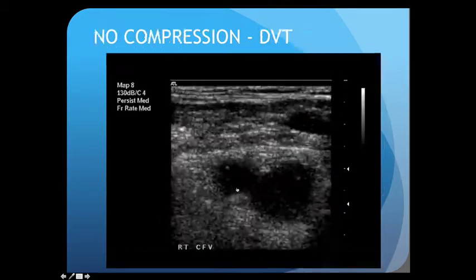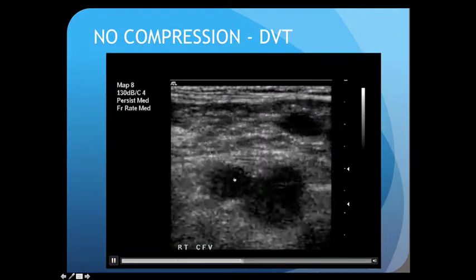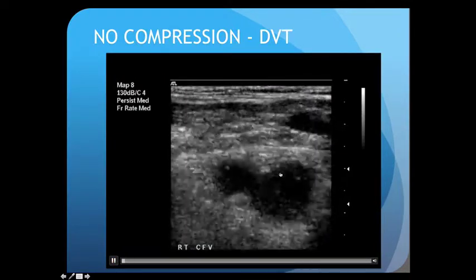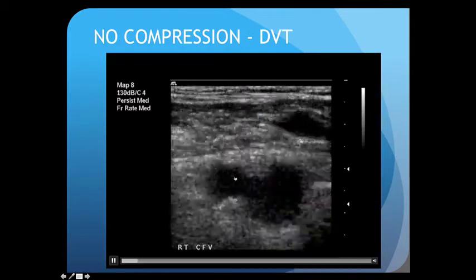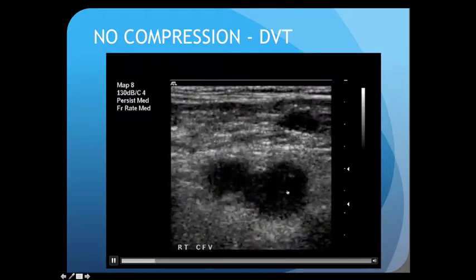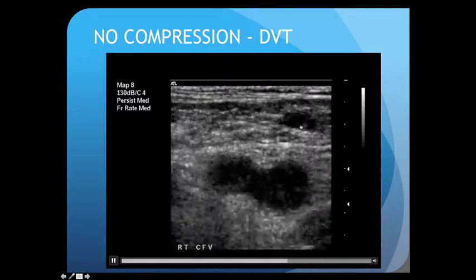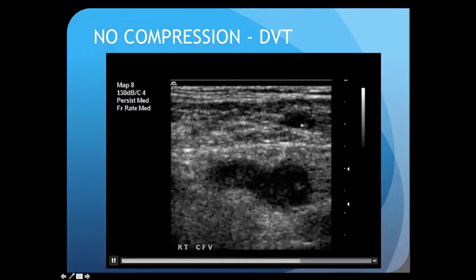When we look on the other side in this patient, what we see here is the artery, and here is the vein, and even though there's enough pressure to make the artery partially compress, the vein is not compressing at all. We also look here, this is the saphenous vein, and we can see that that too shows lack of compression.